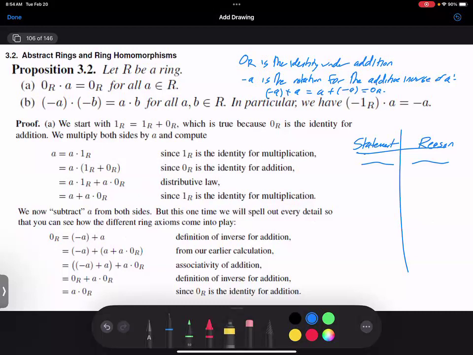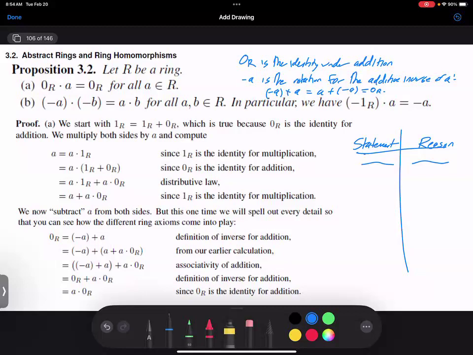So now what we want to do is subtract a from both sides. And the reason the author puts subtract in quotes is that we define everything through addition. Subtraction is really the same as adding the additive inverse. So when we say subtract, what it really means is take the additive inverse, and we're using the notation negative a.